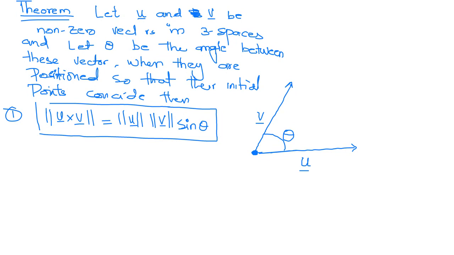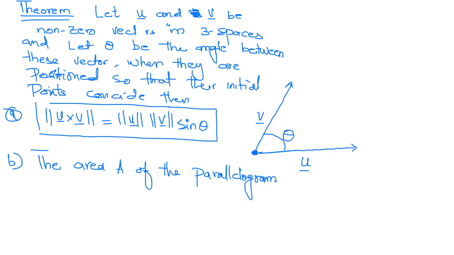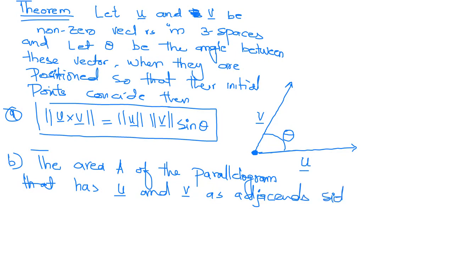Now, this is the A part. The B part is the area A of the parallelogram that has u and v as adjacent sides, which is equal to the magnitude of the vector u cross product with the vector v.